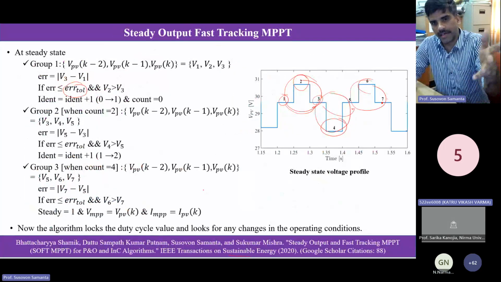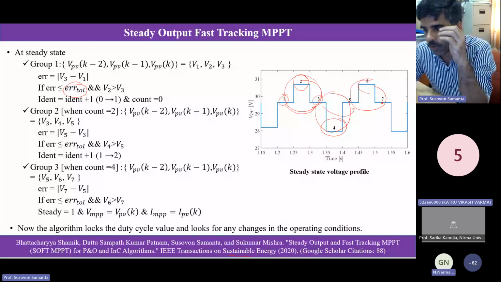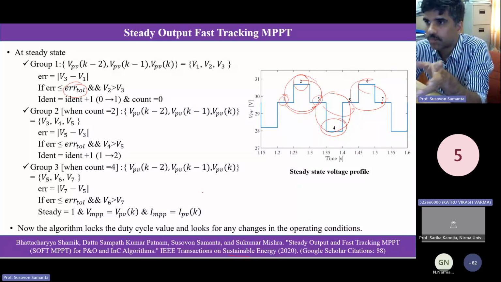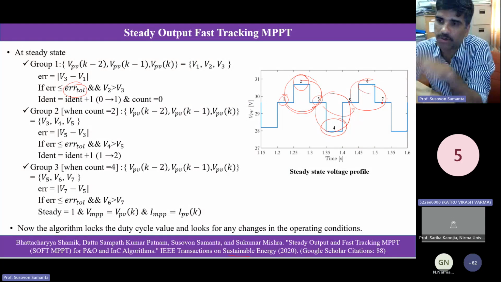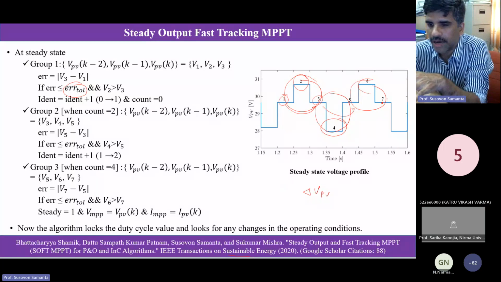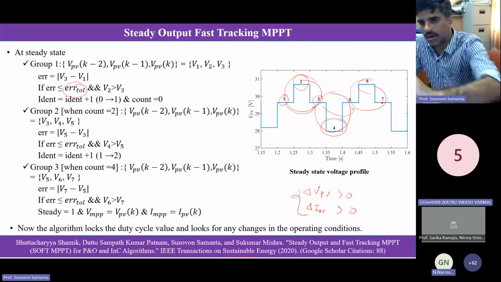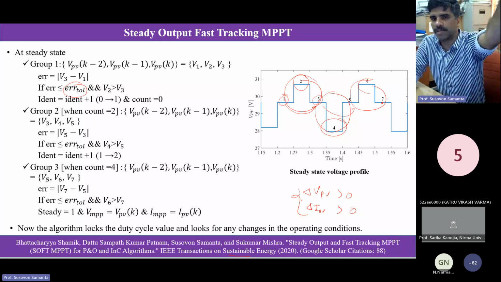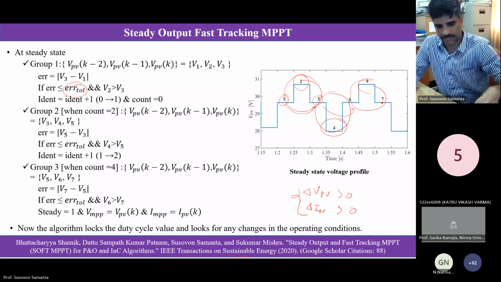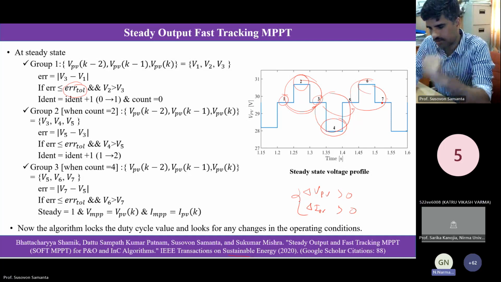That condition is, as I said, if the voltage and current both are greater than 0 with some tolerance value, both del PV and del IPV are greater than 0. That means there is a change in the irradiation condition. So then we should unlock and use the normal MPPT technique. That is what we have used in this algorithm.